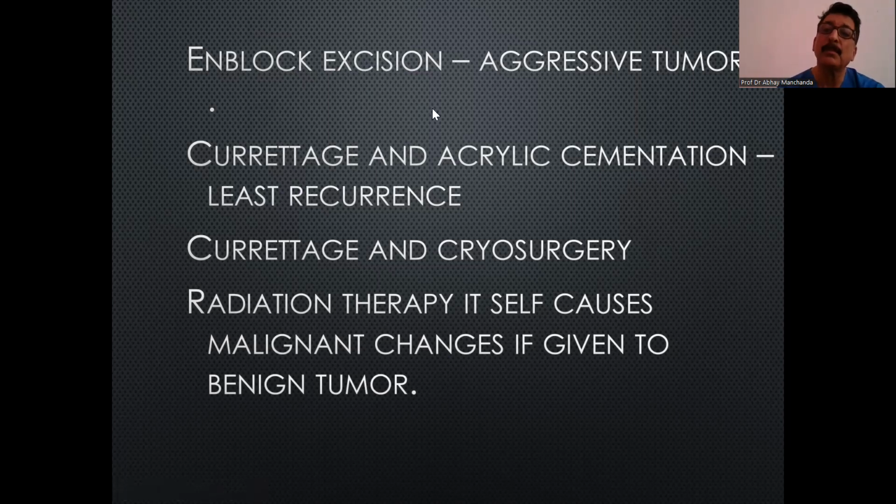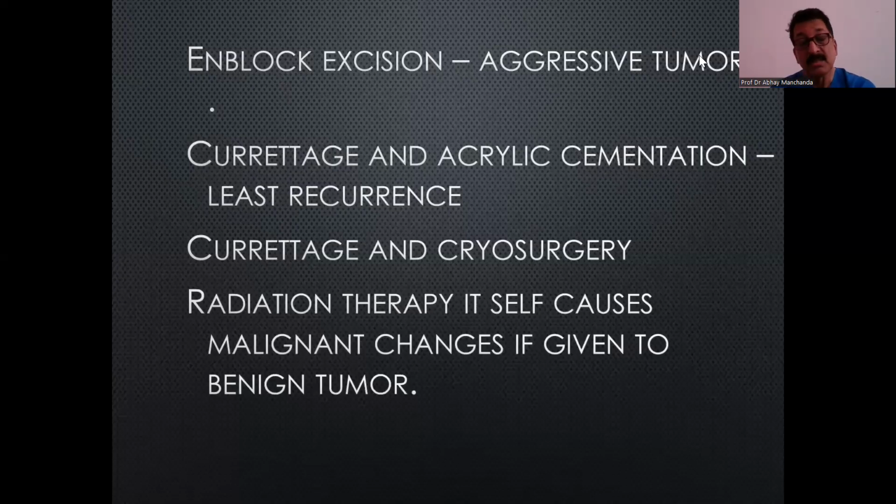you have many options. There are so many options to treat a giant cell tumor. The first was simply to do curettage. Then came curettage and bone grafting. Then came extended curettage.